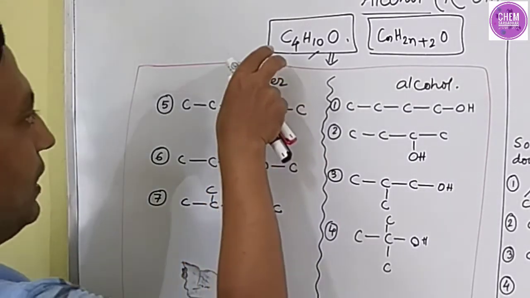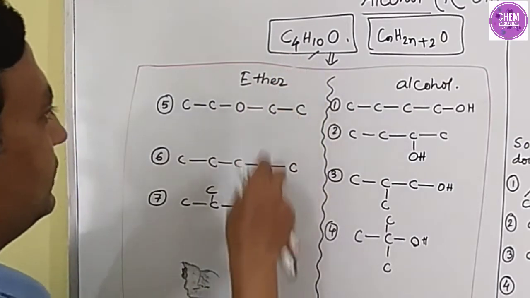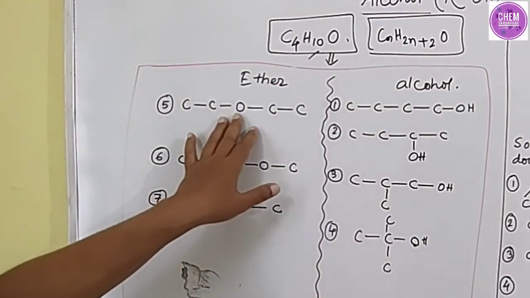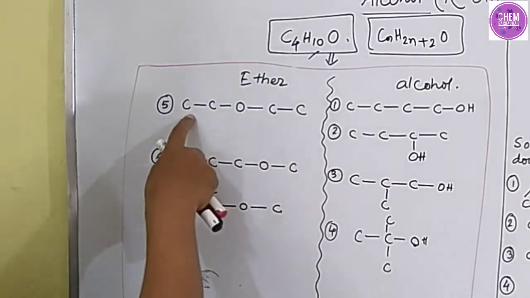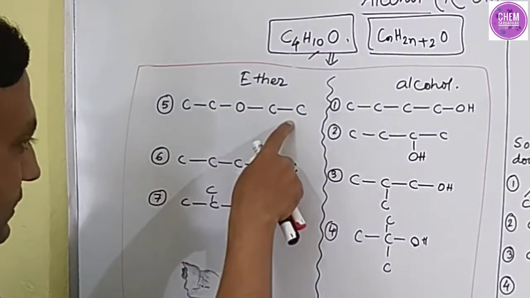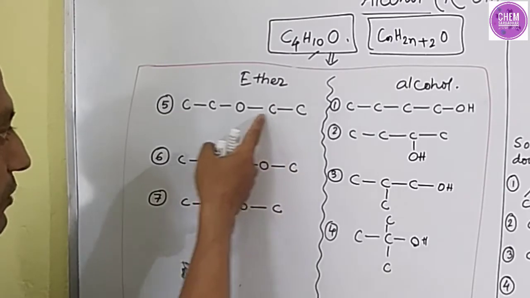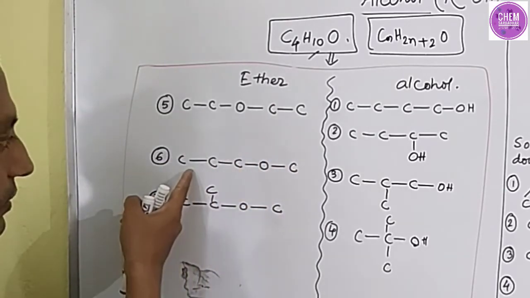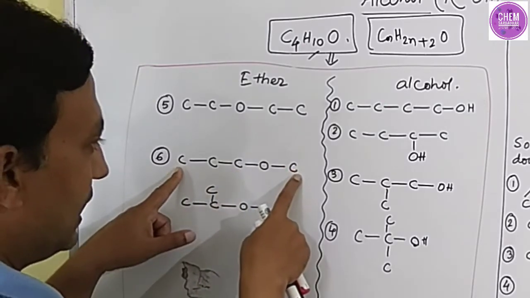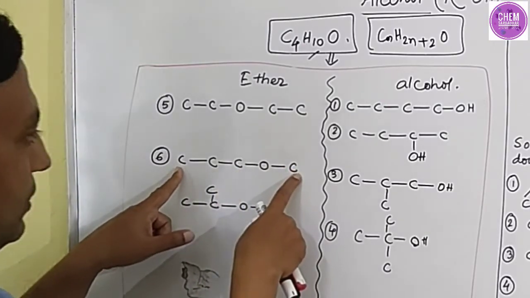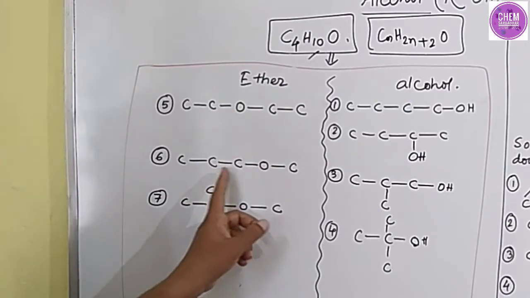Now the ethereal compounds. Ether means an oxygen atom, and with 2 same alkyl groups, that is diethyl ether. In the second one, a carbon is shifted to one alkyl group, that means methyl propyl ether.